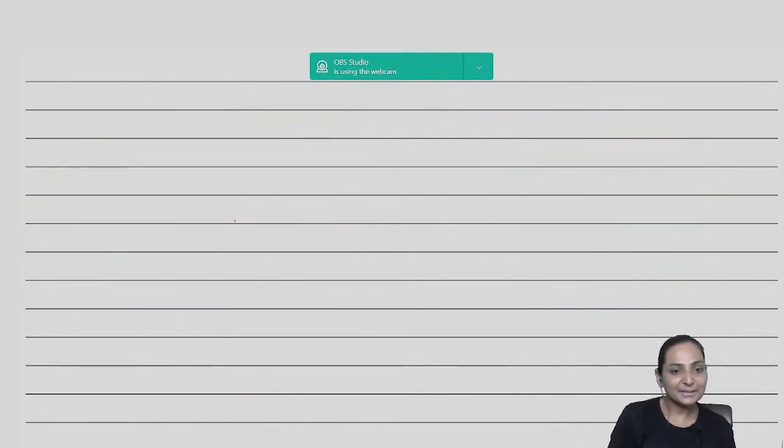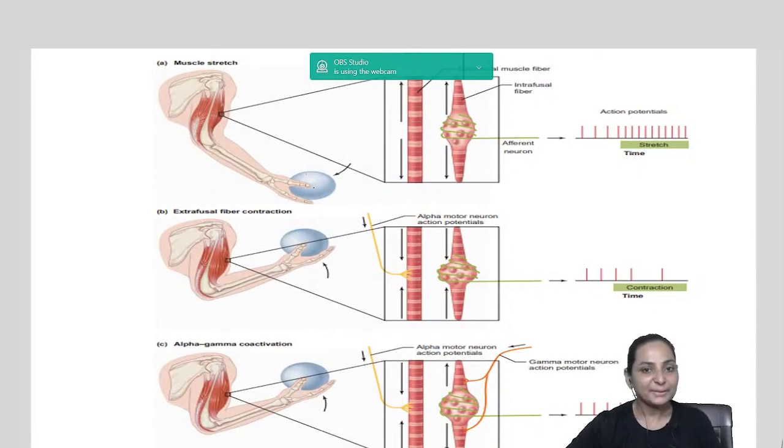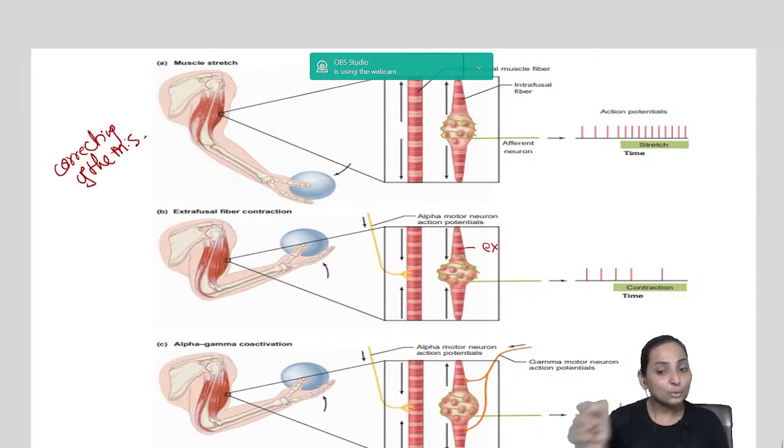Now, something very interesting. Suppose I'm picking up this load and there's going to be a change in the length of the muscle fibers, and therefore a change in the length of the muscle spindle, right? And there is going to be the contraction of the extrafusal muscle fiber and the length is going to be corrected. Now, if every time you are correcting the length of the muscle spindle, that means you are not allowing the muscle spindle to be stretched.